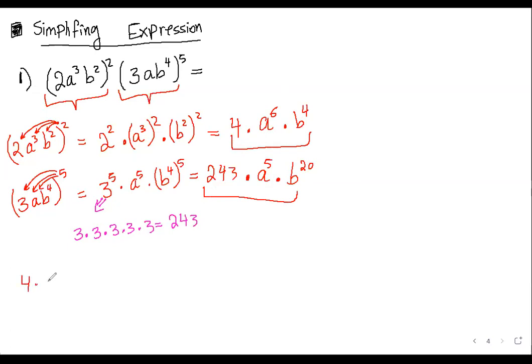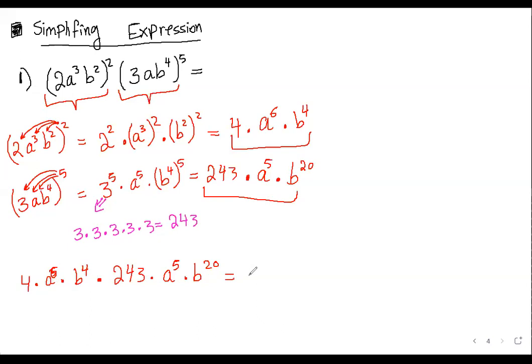So 4 times a to the power 6, b to the power 4, times 243 times a to the power 5 times b to the power 20. So I put all variables with the same base together, and the numbers we multiply together. So 4 times 243 is 972.